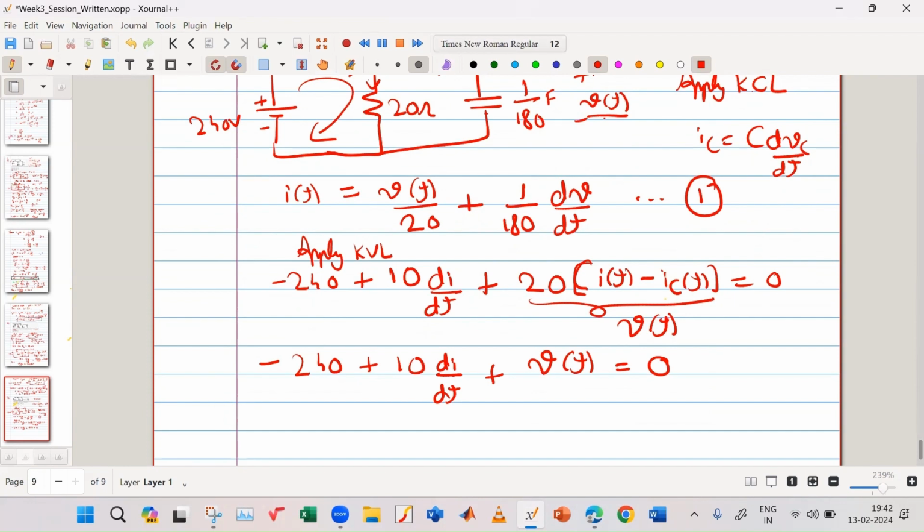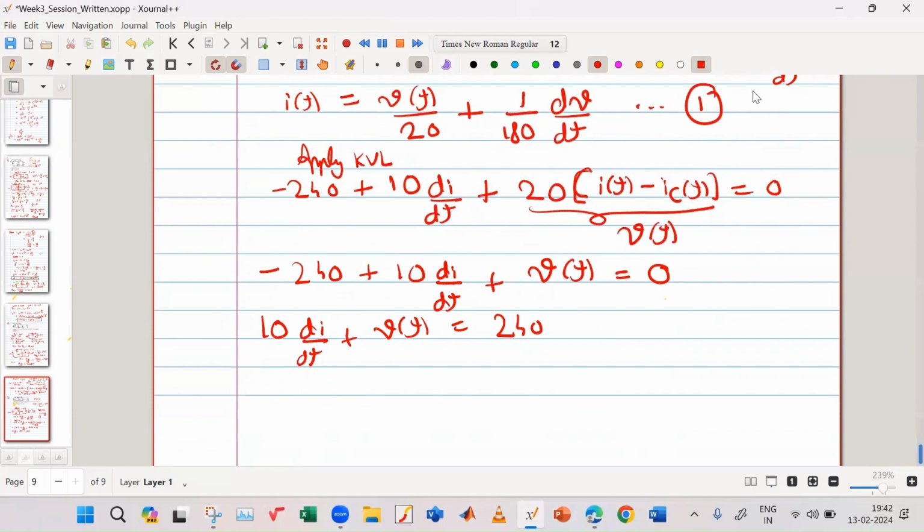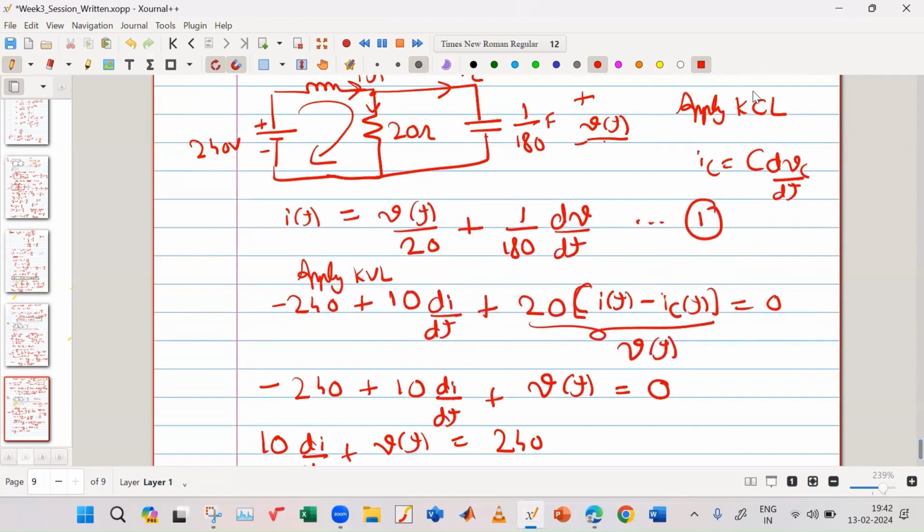I write it further as 10 di by dt plus V of t is equal to 240. This is my equation 2. Now I substitute I of t in this equation over here.